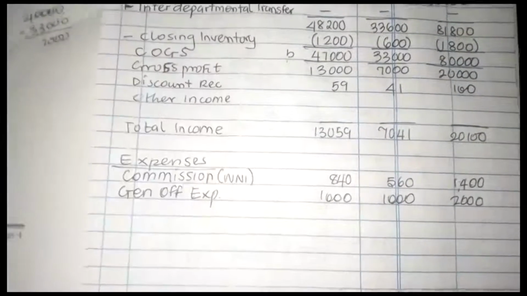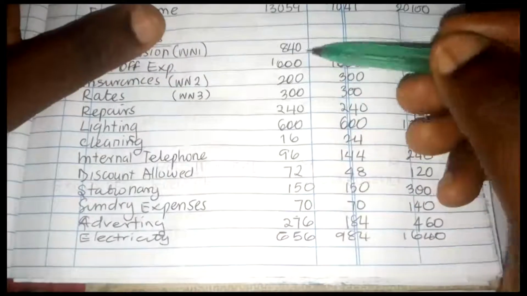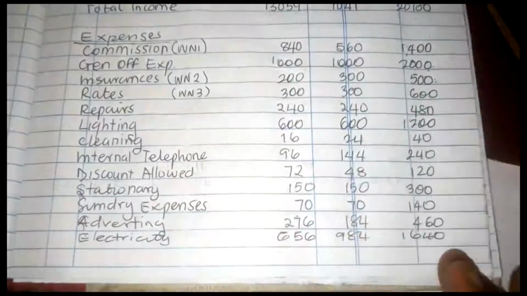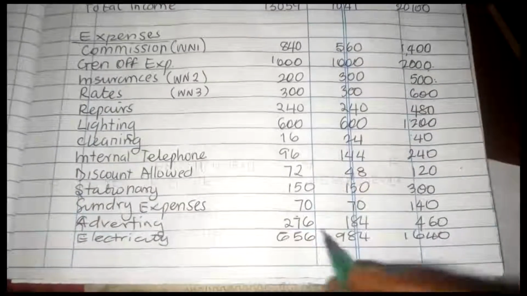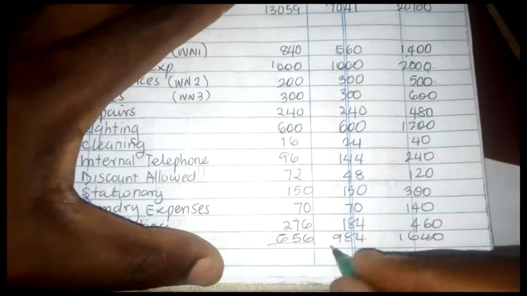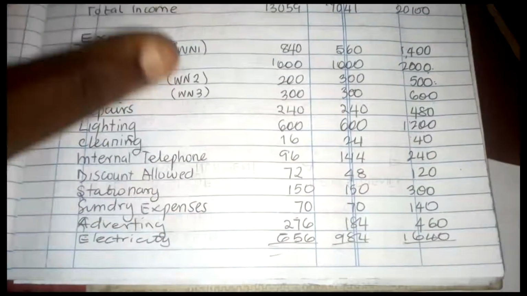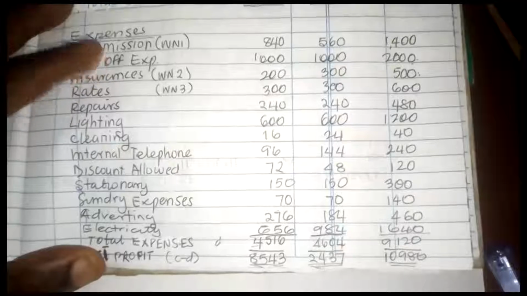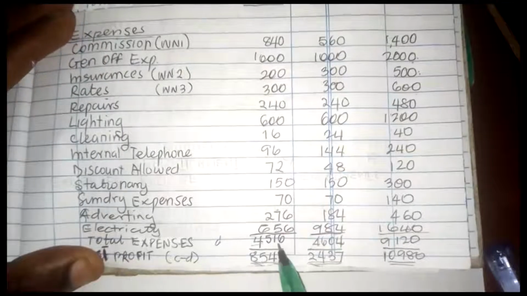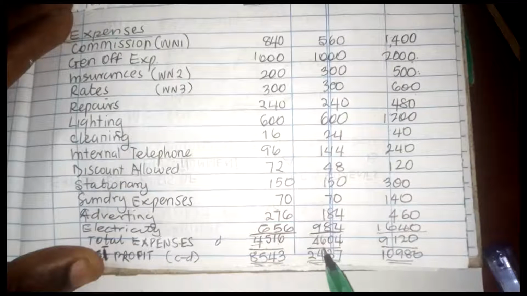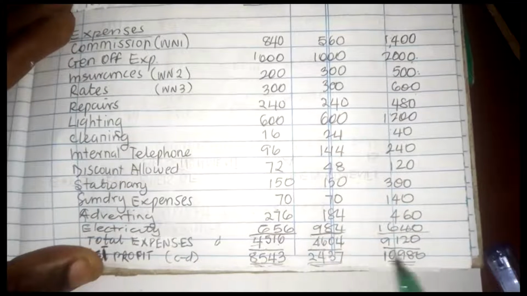Once I've written all the expenses under each department, then you add all the expenses. So let us add all the expenses together to give us our total expenses. Let's pick up our calculator. All right, so the total expenses for department N, then the total.